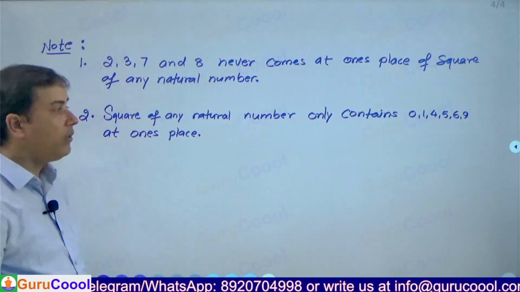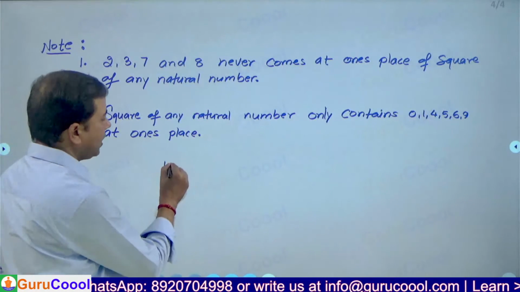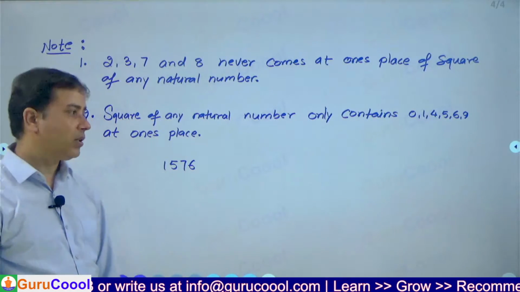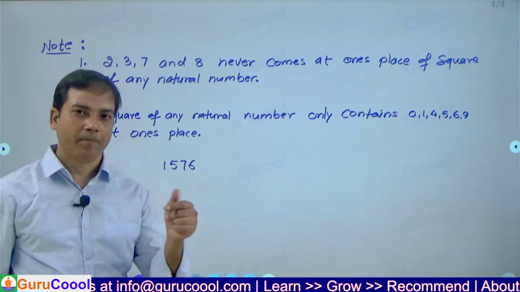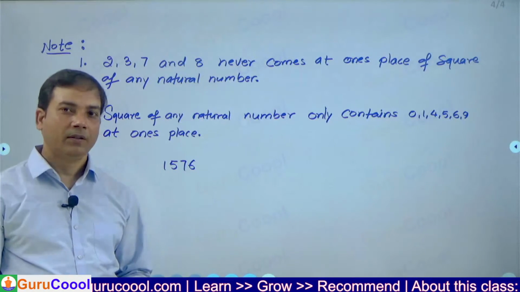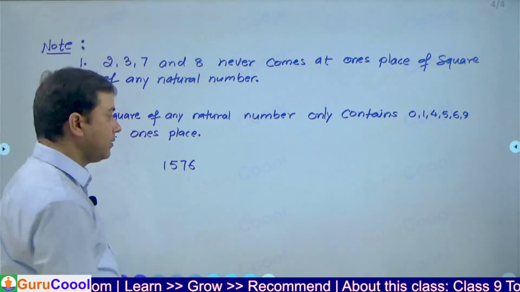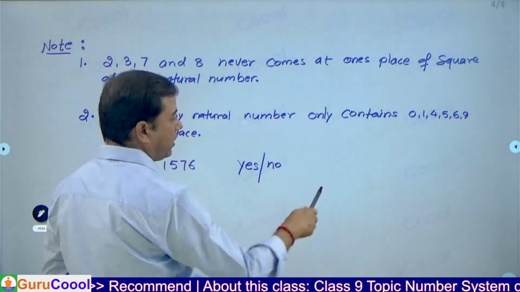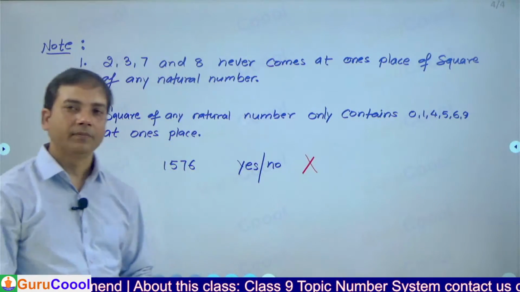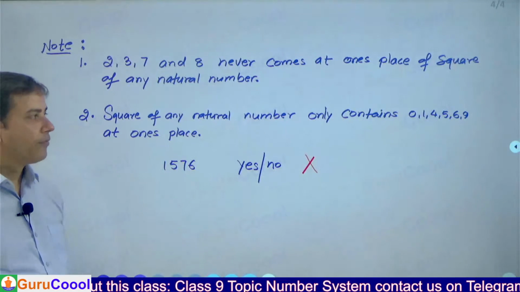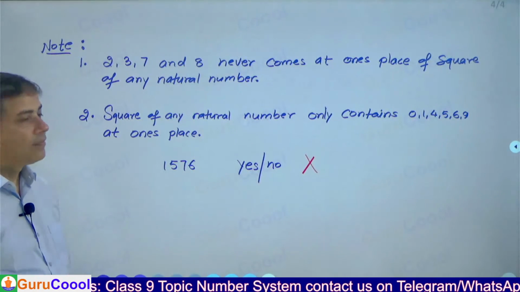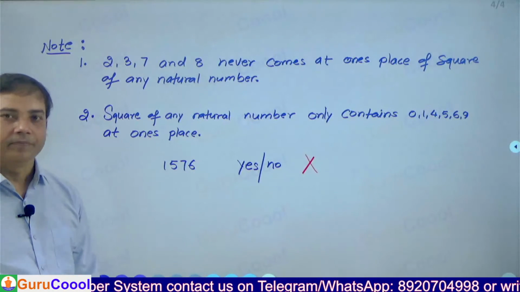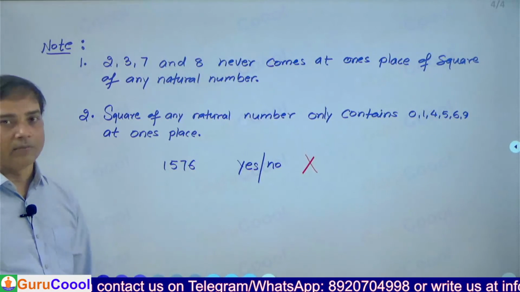So now if someone asks you whether 1576 is a perfect square number or not, what will you say, yes or no? Quickly. No, wait. If you say quickly yes or quickly no, you may go wrong.